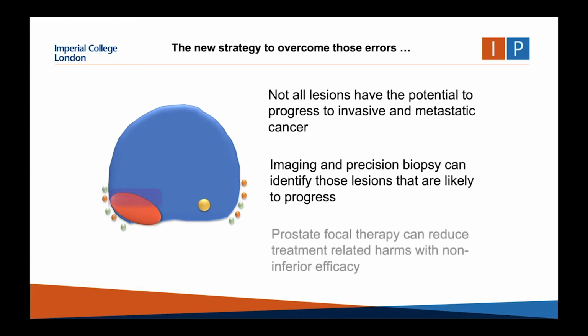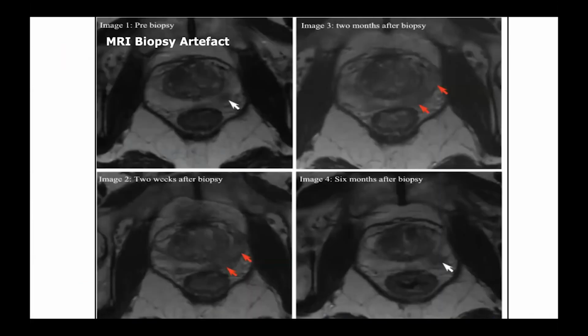Eventually, and I'm not going to talk about this in a huge amount of detail, we could adopt a lumpectomy approach where we target that index lesion in the majority of men who are suitable, and therefore reduce the harms of not only biopsy, but also treatment. So in prostate cancer, we were about 10 years ago about 30 years behind breast imaging and treatment. We're probably about 15 years behind still in terms of the treatment.